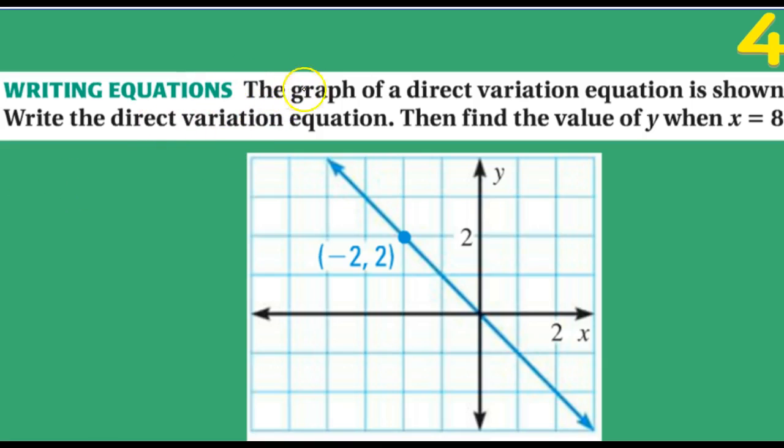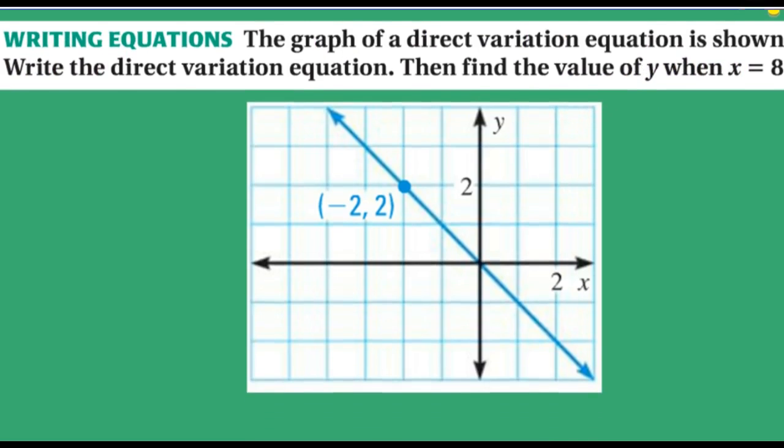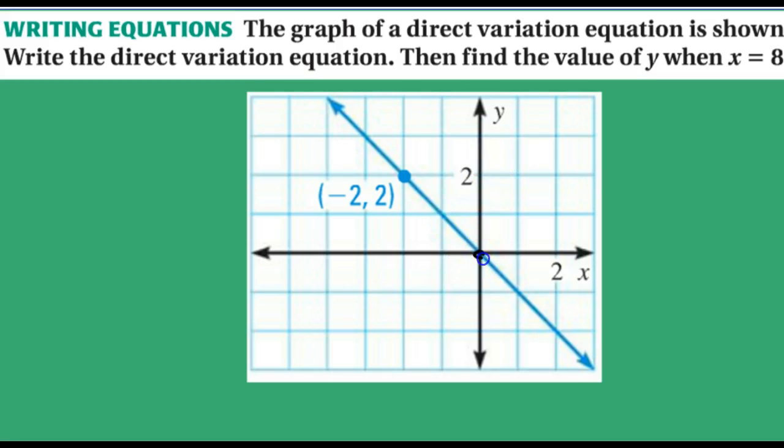So this one says the graph of a direct variation equation is shown. Write the direct variation equation, then find the value of y when x equals 8. So we know that we're not going to have a y-intercept. Our y-intercept is 0. So all we're going to have is y equals something x. So this line is going down, so we know it's going to be a negative something. We're going down 1, 2, and over 1, 2.